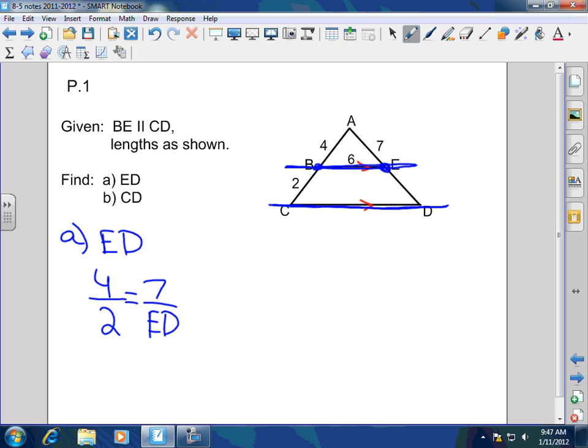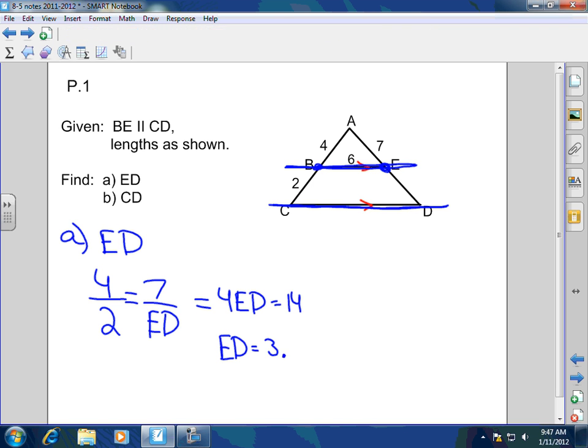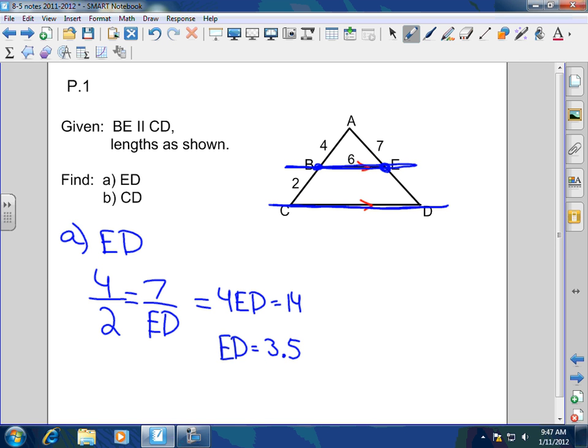So therefore, the pieces are going to be proportional. So 4 to 2 is going to equal 7 to ED. This is going to be 4 ED equals 14. So ED will equal 3.5. Does that make sense?